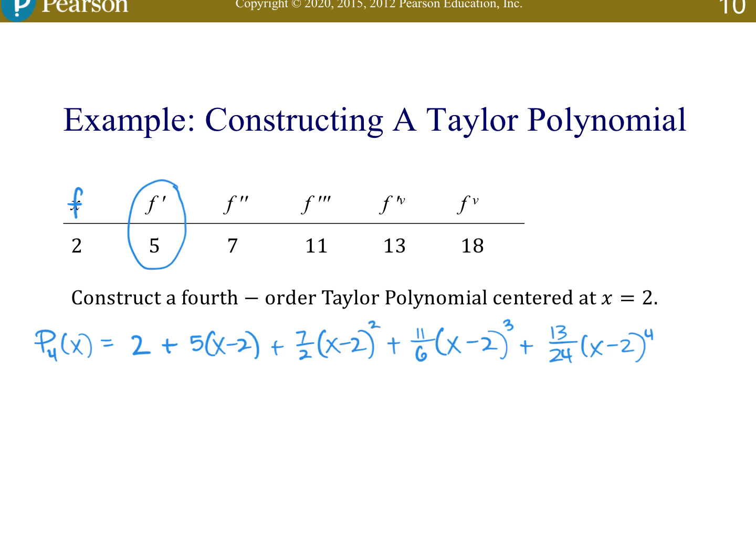What kind of numbers would make sense to plug in here if we were going to use it to approximate? 2.1, 1.9. Would it be reasonable to go as far as 2.4? It's a fourth degree, and we were given the 5th derivative, so if we want more accuracy, if we want to widen our interval, we would go for more accuracy.